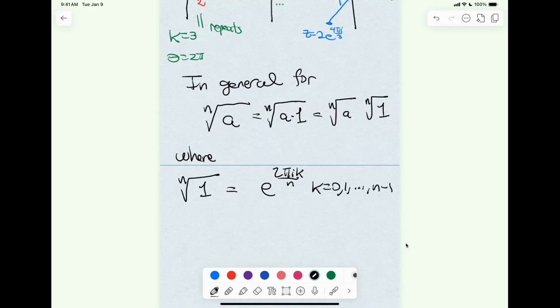These are all the possible n roots of 1. So 1 is going to have n distinct roots.